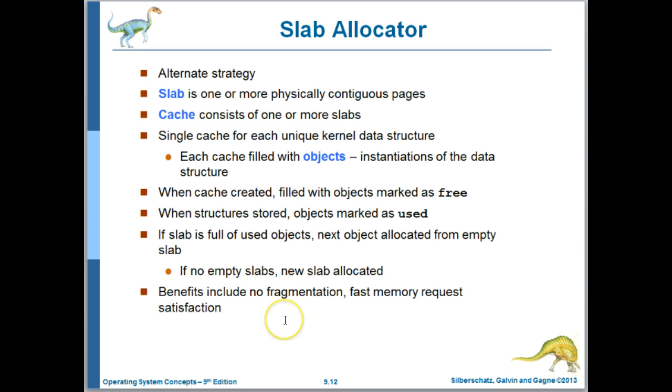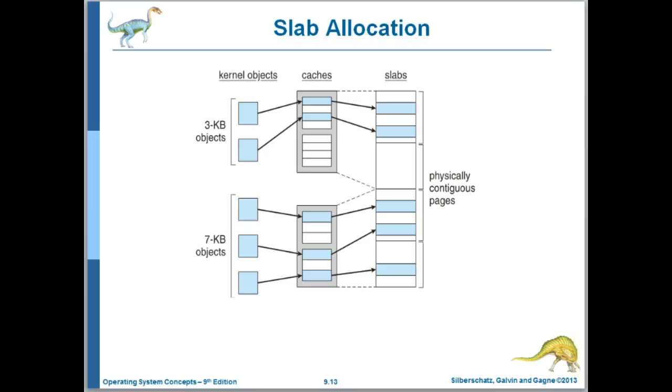In the benefits mentioned here, there is no fragmentation, because for each slab a number of kernel data objects are allocated, and we have fast memory request satisfaction, because each time we allocate a new slab to one of the caches, that gives us a number of additional free objects to use as they're later requested within the kernel.